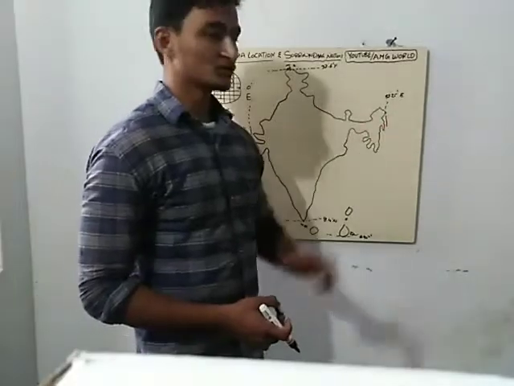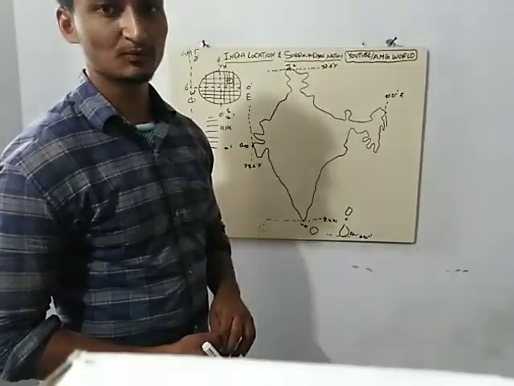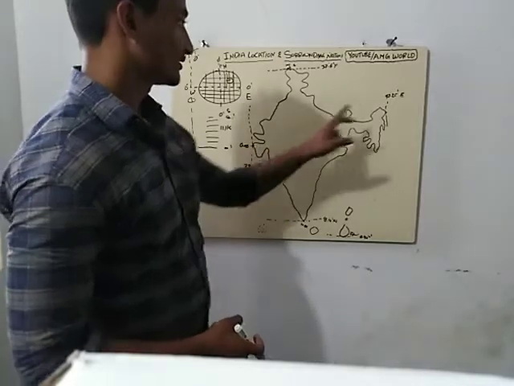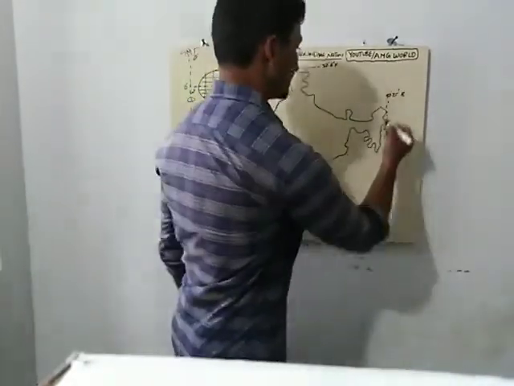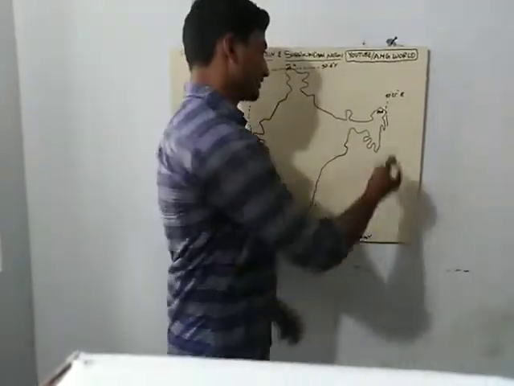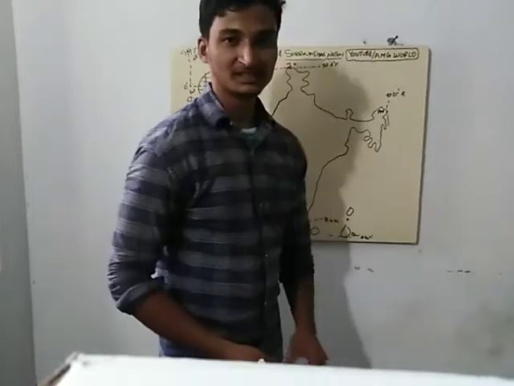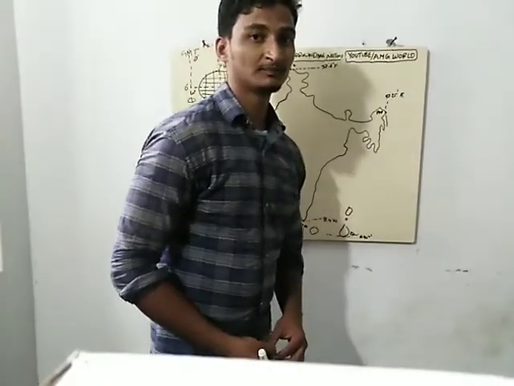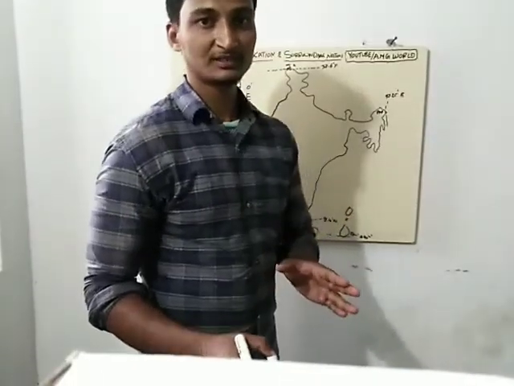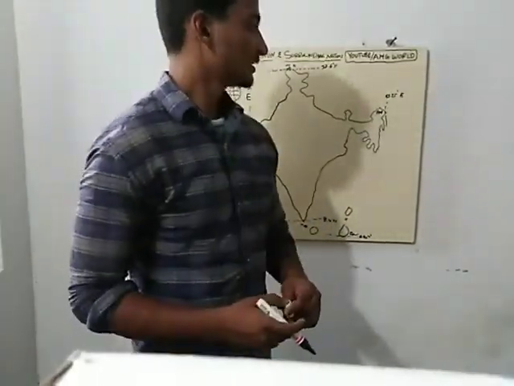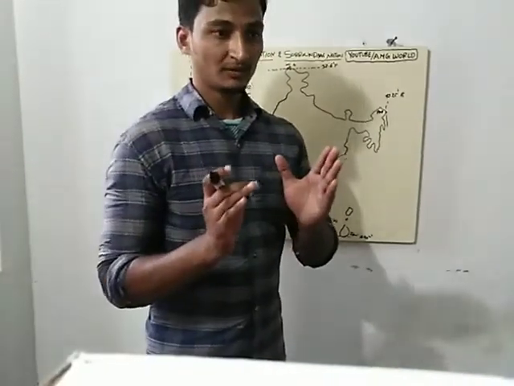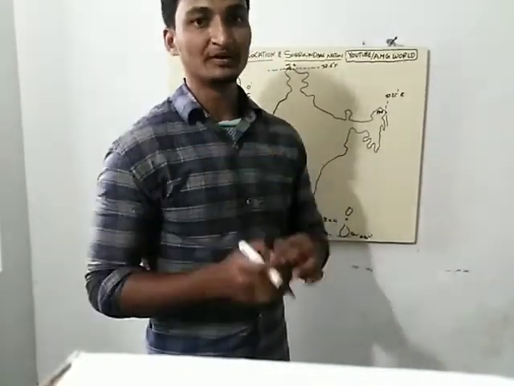The eastern extreme most point, what is it? This point falls under Gujarat. Here, the point falls under Arunachal Pradesh. The point is considered Dong. Actually, Dong is a village present in Arunachal Pradesh. Here a pass is present. A pass means a narrow gap between two mountains.